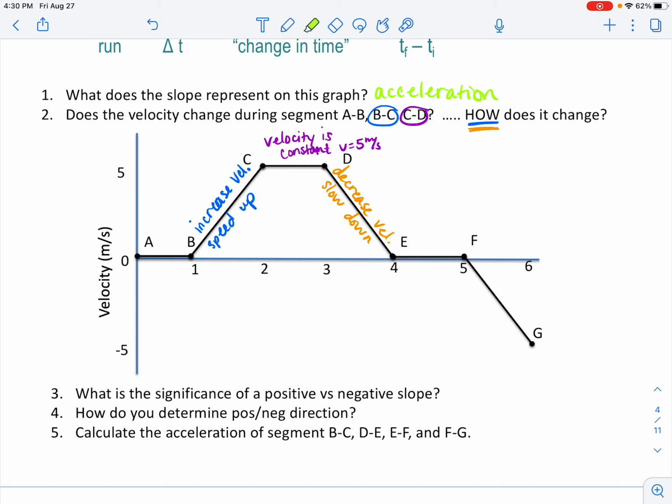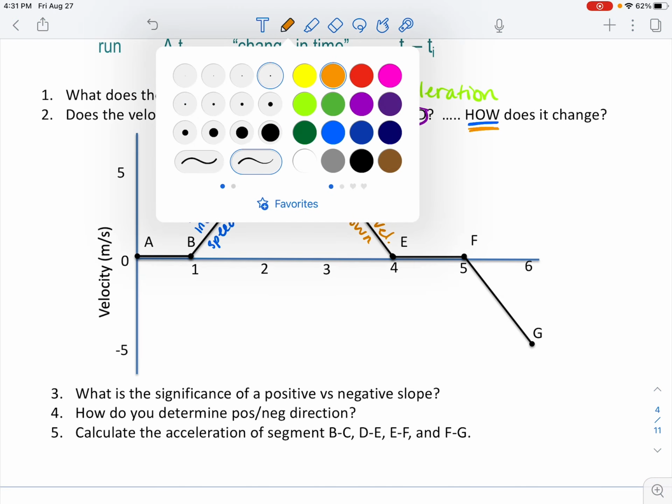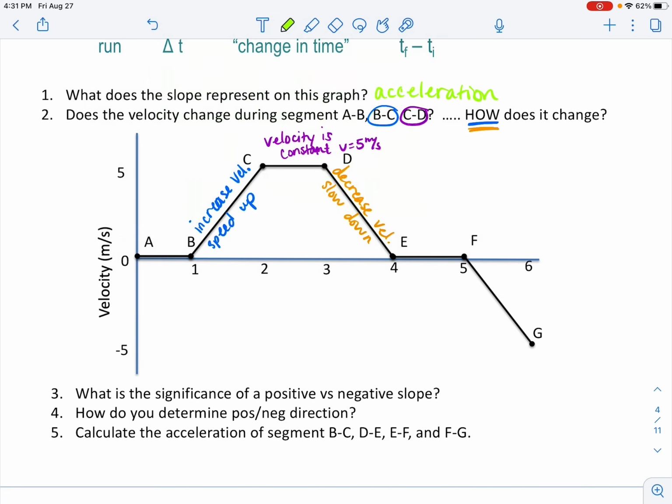The next question here is, what is the significance of a positive and negative slope? Well, slope represents acceleration. So when I look at my first segment, BC, this was a positive slope or a positive acceleration. My object is moving in the positive or forward direction, so this object sped up.